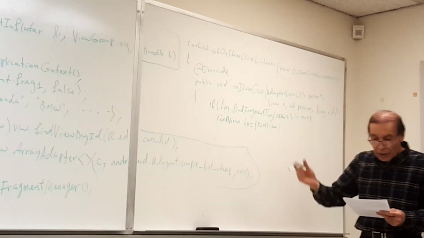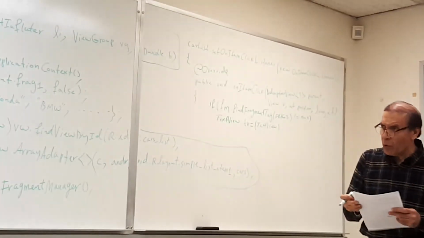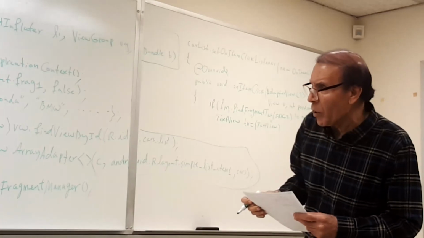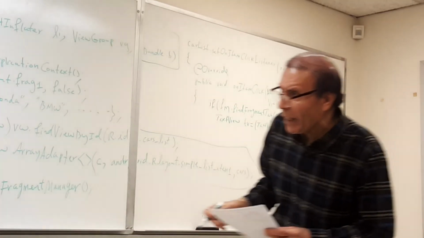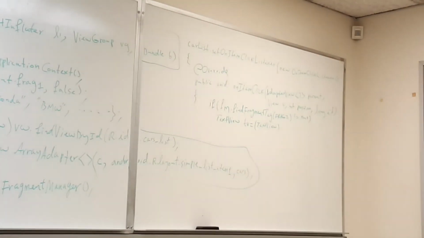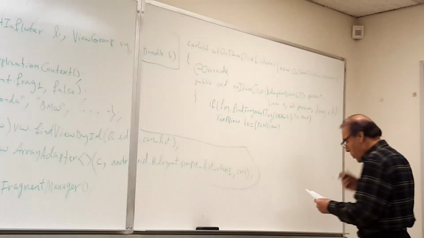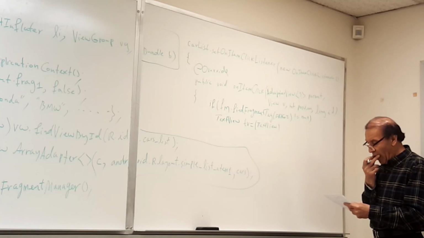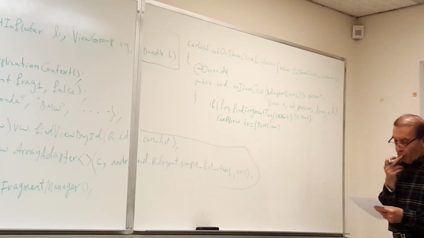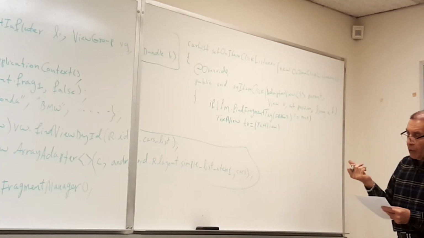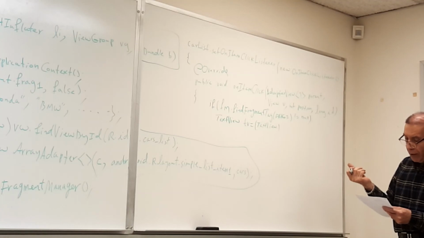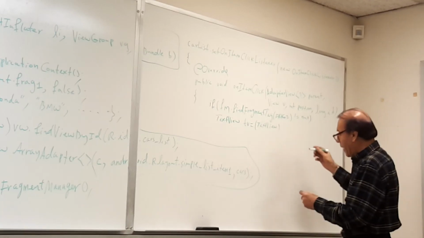We need to get the text view. We called it selected opt. We need to create the text view using getActivity.